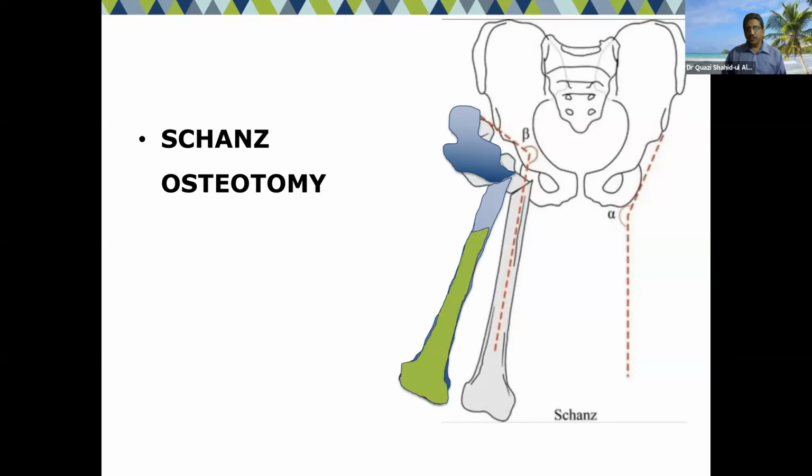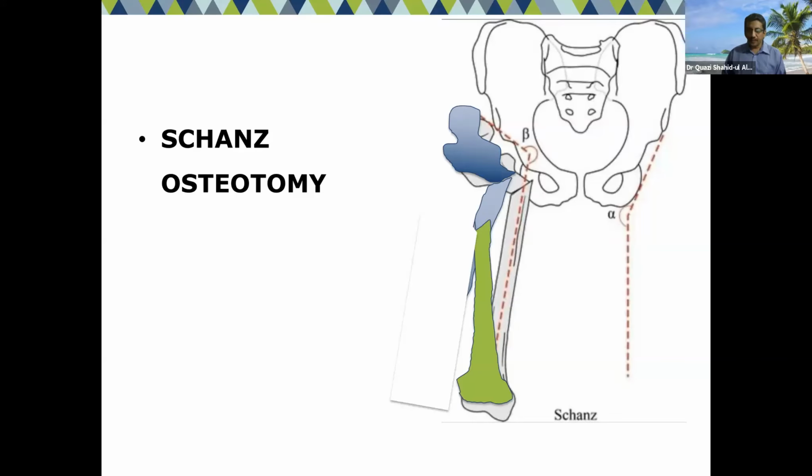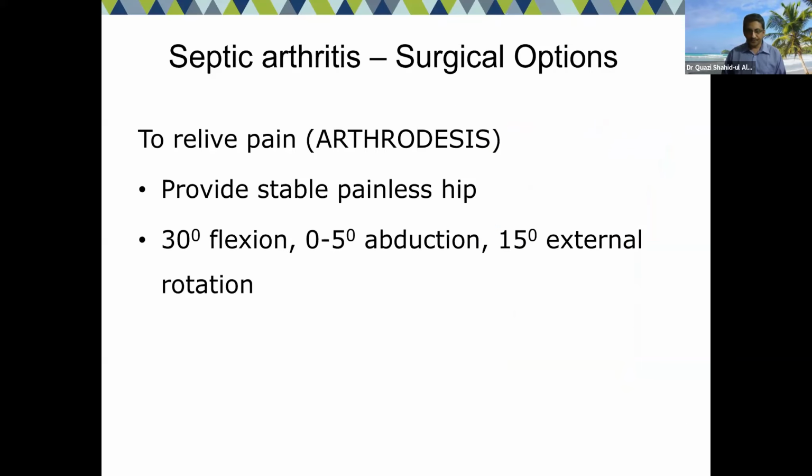So a second osteotomy is actually required in the femur to put it back into its normal mechanical axis line. So it's a double-level osteotomy, but both of them are pelvic support osteotomy. And all of this pelvic support osteotomy can be done by Ilizarov procedure also. I will show you an example later on.